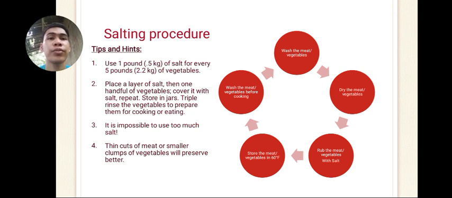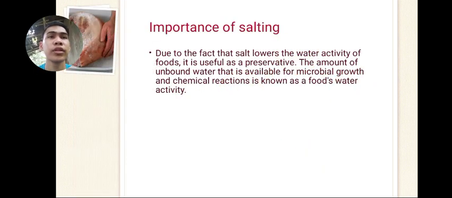Thin cuts of meats or smaller clumps of vegetables will preserve better. In preserving, slim or thin cuts make the preservation better than thicker cuts and bigger clumps.